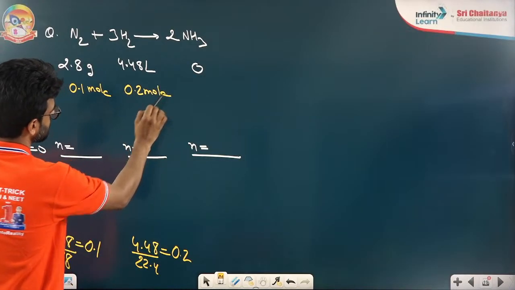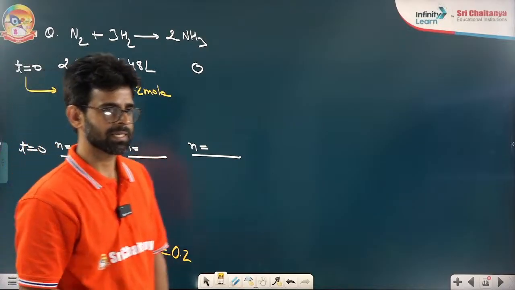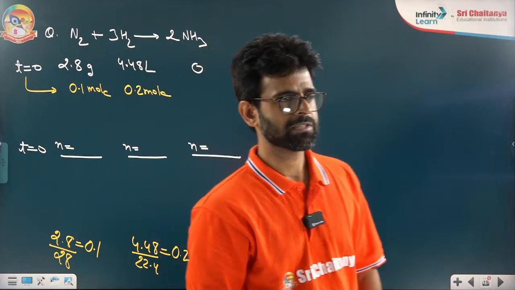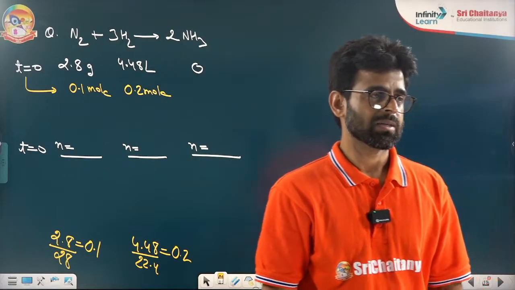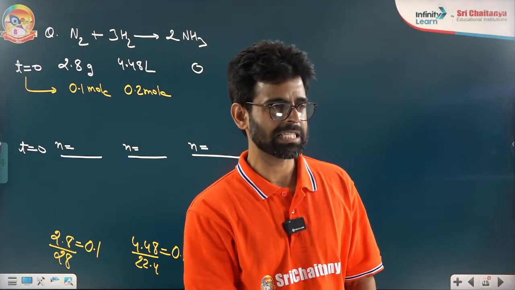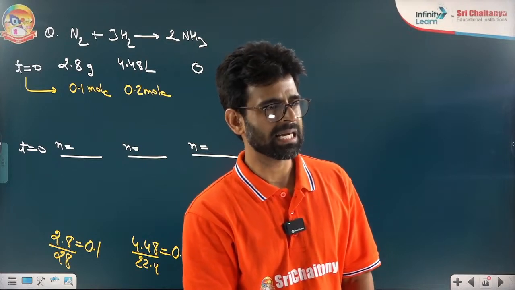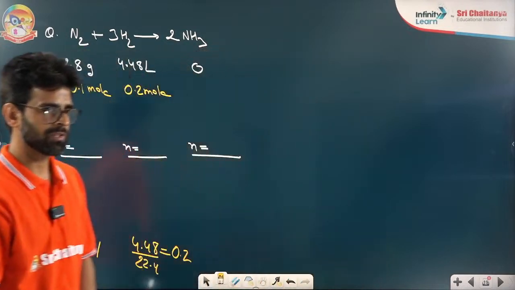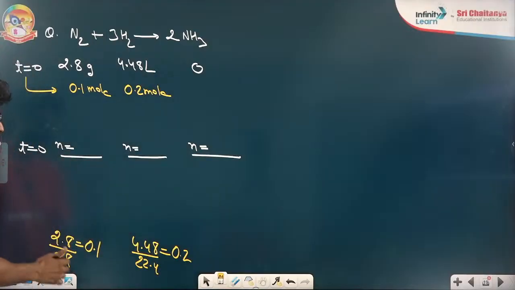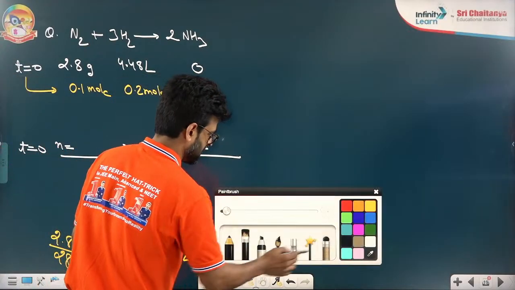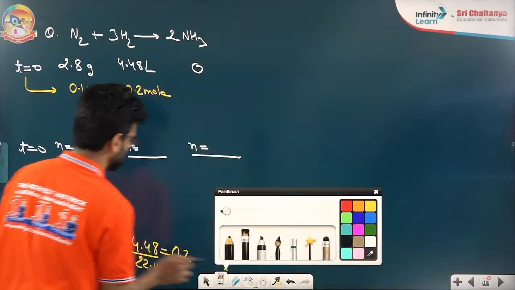Now it is very easy to check which one is the limiting reactant. Niranjan is saying N2 is the limiting reactant. How do we check? That method is common; we are doing it in every reaction.